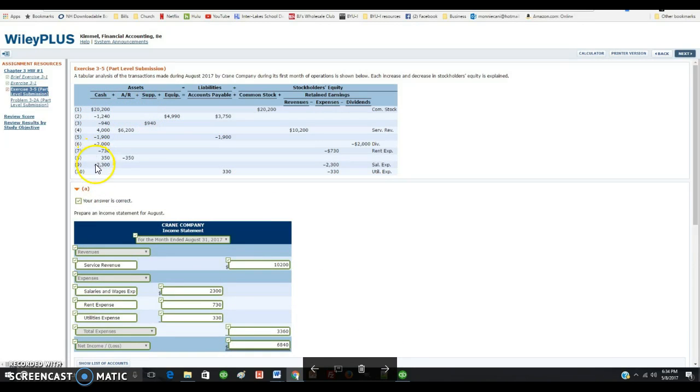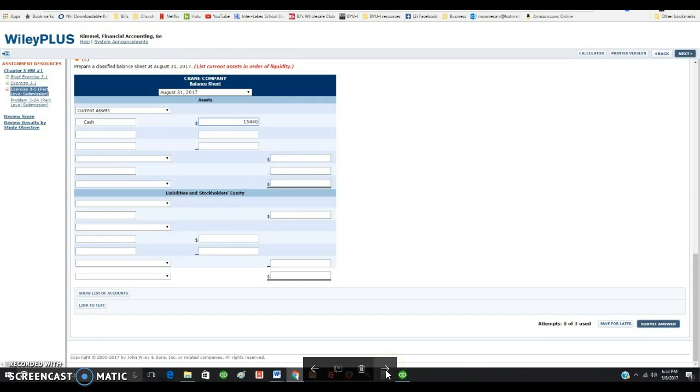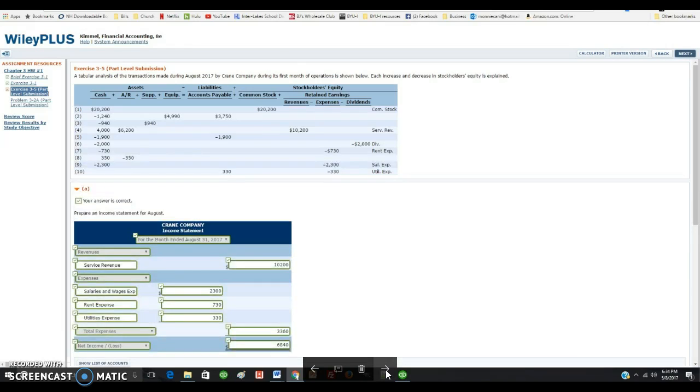This is our list of cash items, and so you have to do the math. You do 20,200 minus 1,240 minus 940 plus 4,000 minus 1,900. You get the idea. And then that equals out to 15,440 for our cash.